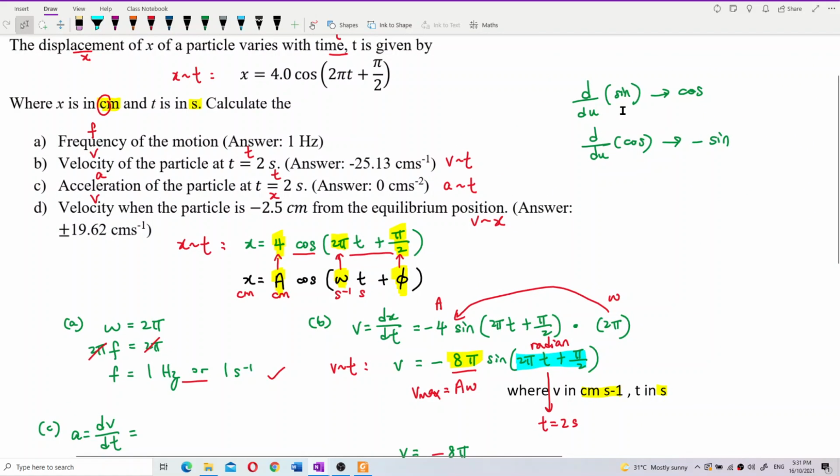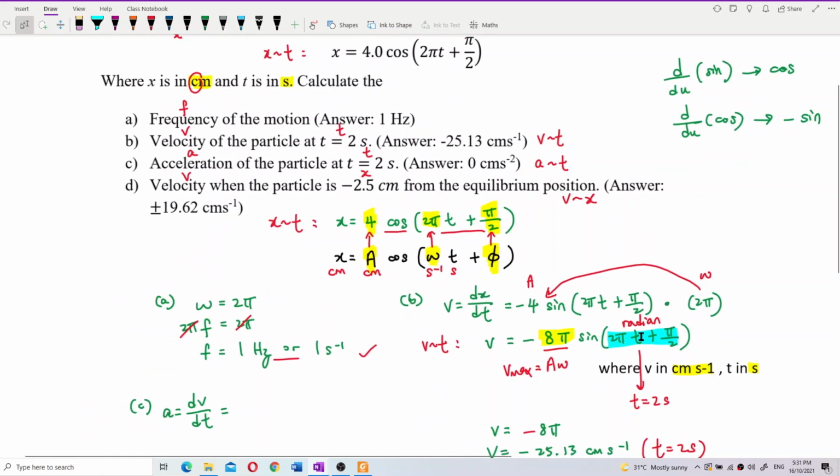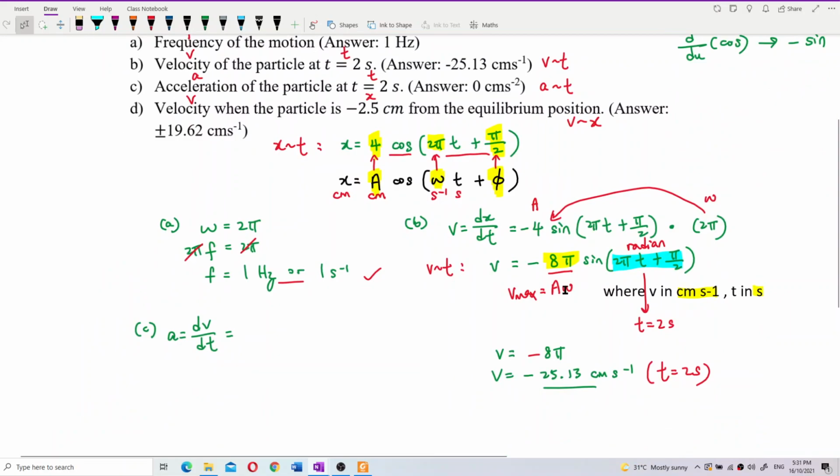Remember that? Differentiate sine, get cos. And then the rest is the same: negative 8 pi, differentiate sine, get cos. And then rewrite the inside.